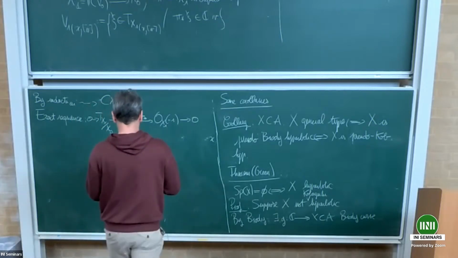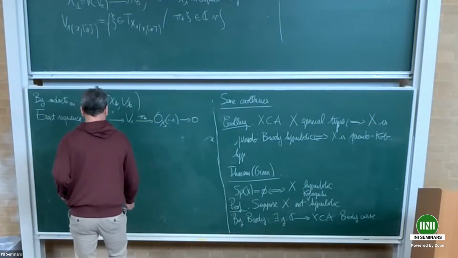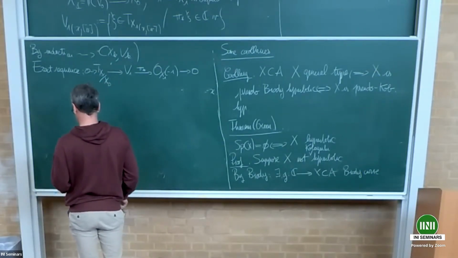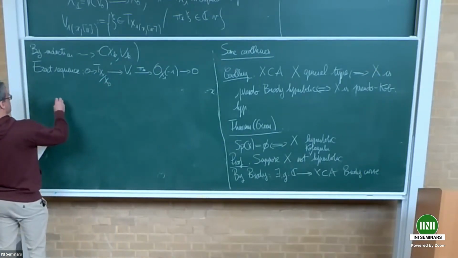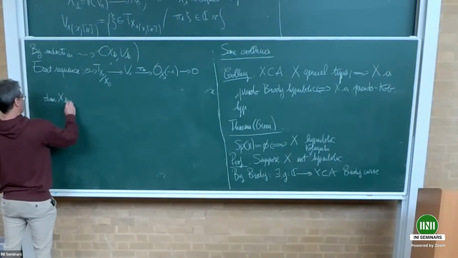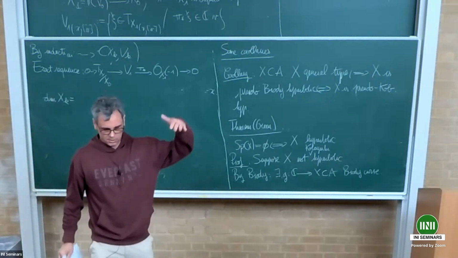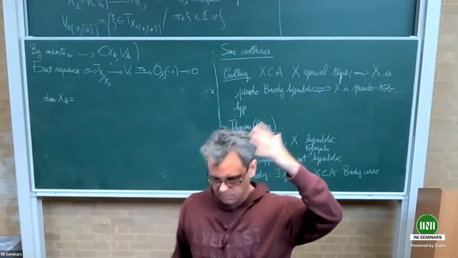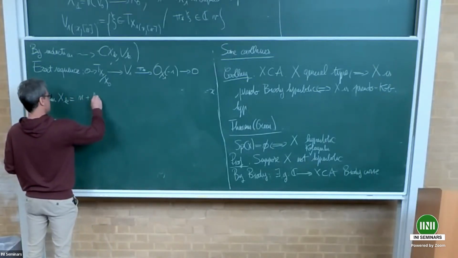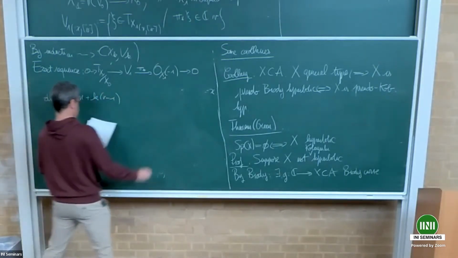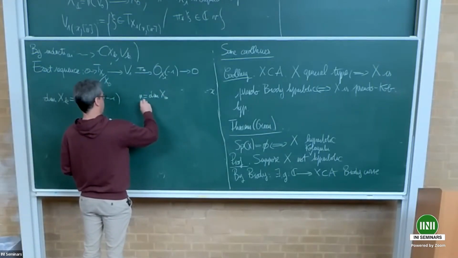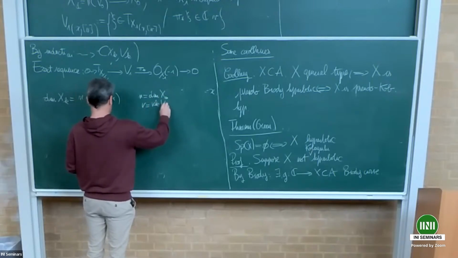And what is important for us is the following fact. What is easy is that, of course, the price to pay when you go to jets is that the dimension increases, right? And here it goes like this, where n is the dimension of X0 and r is the rank of V0.